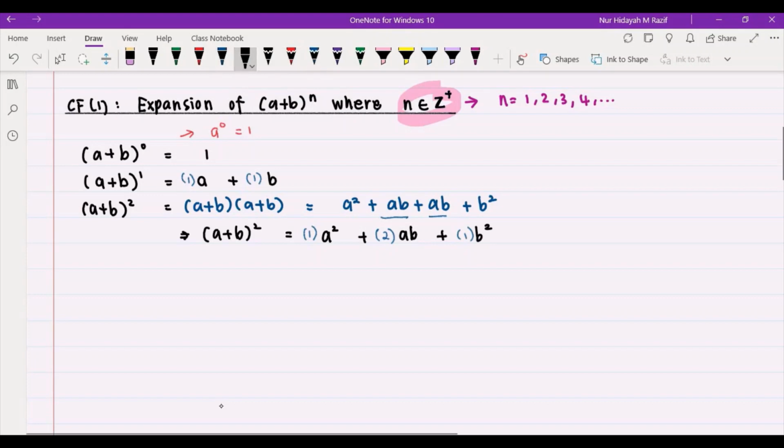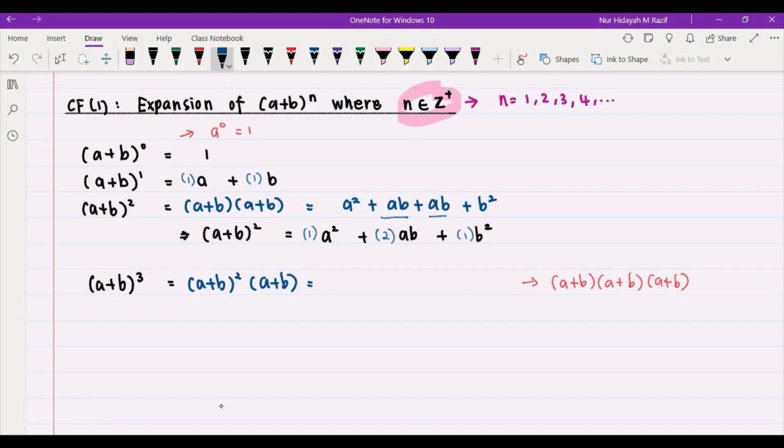Now, let's take a look at the expansion for (a + b) cubed. When I have (a + b) to the power of 3, what this means is I'm going to have (a + b) times (a + b) times (a + b), three times, and you need to expand each and every one. But I can also rewrite this as (a + b) squared times (a + b), which means I can use what I got earlier, a squared plus 2ab plus b squared, and multiply that with (a + b).